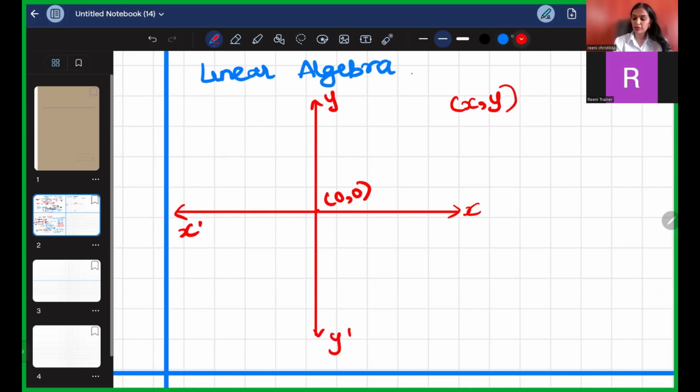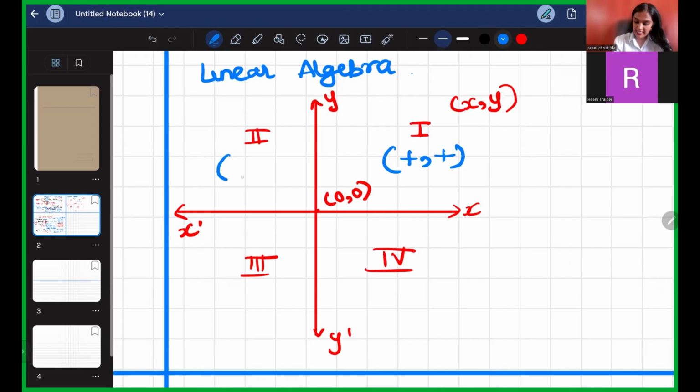So we have four different quadrants. The first quadrant, second, third, and fourth. And in the first quadrant, both x and y are positive. The second quadrant, x is negative, y is positive. In the third quadrant, both x and y are negative. And in the fourth quadrant, x is positive and y is negative. Right?